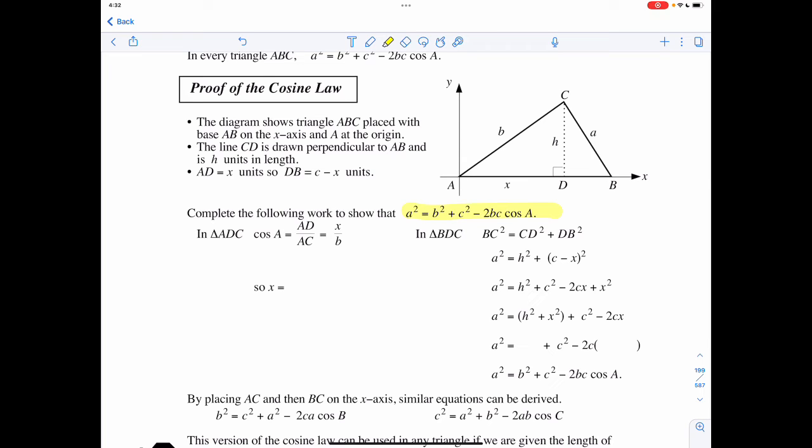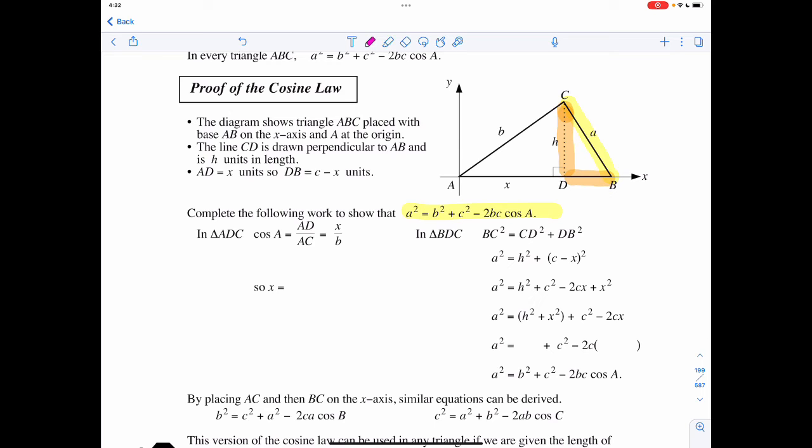then using that Pythag, I know that going from BC, which is my hypotenuse squared, it's going to equal my CD squared plus my BD squared.